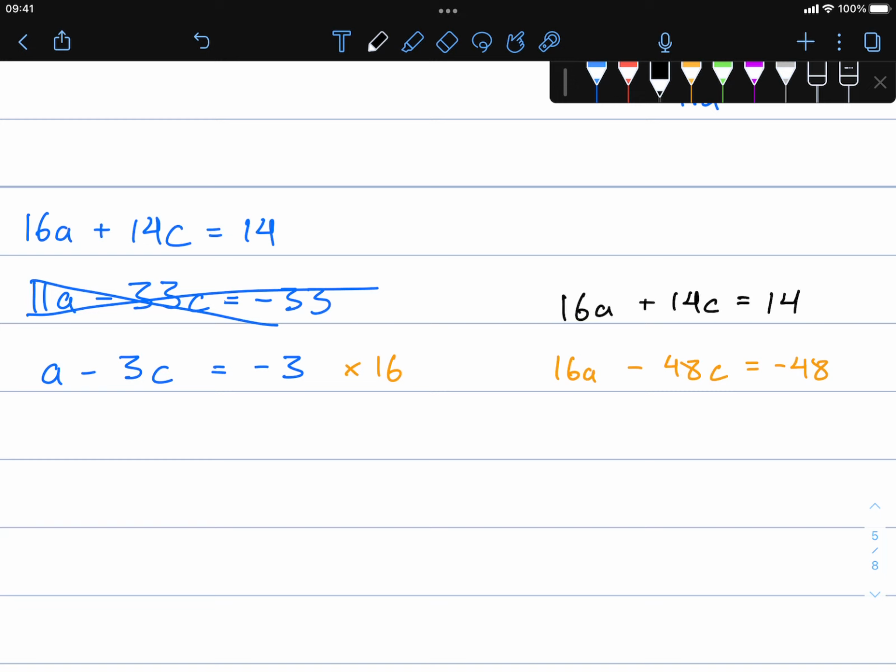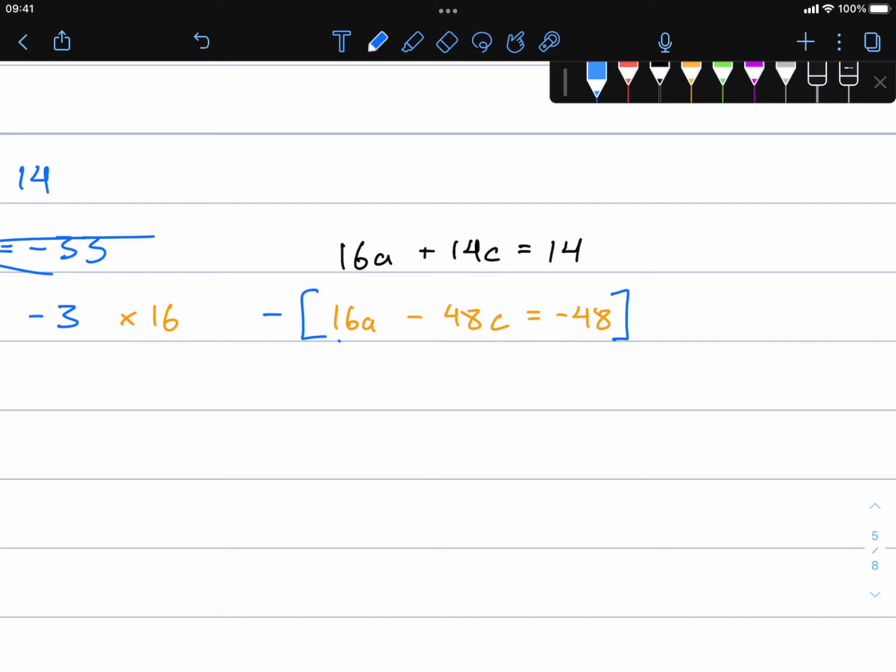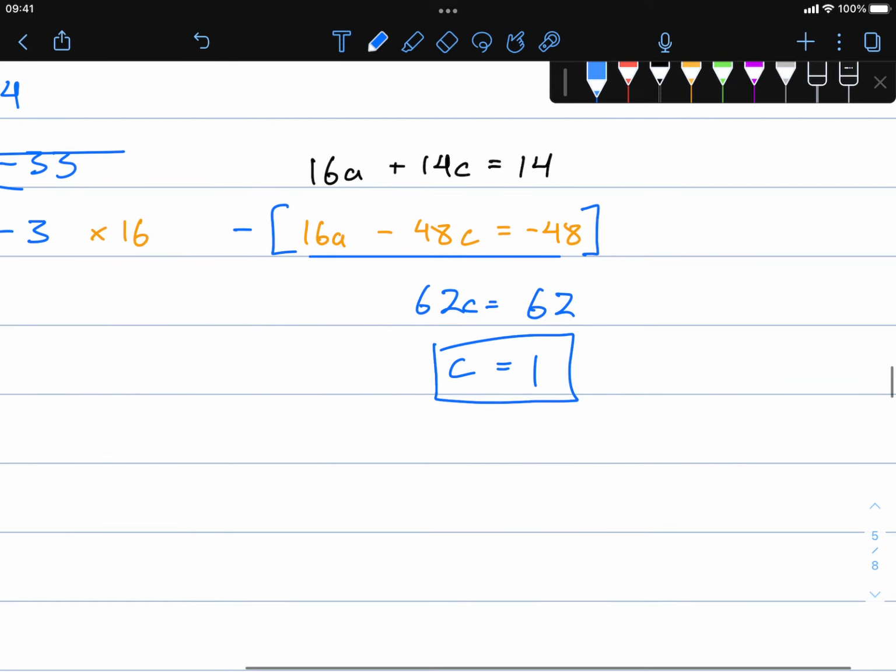We do a subtraction. This will give us 14 minus 48, that's negative 62c. Oh, that's also the same. 14 minus 48, that's positive 62, which means c equals 1.